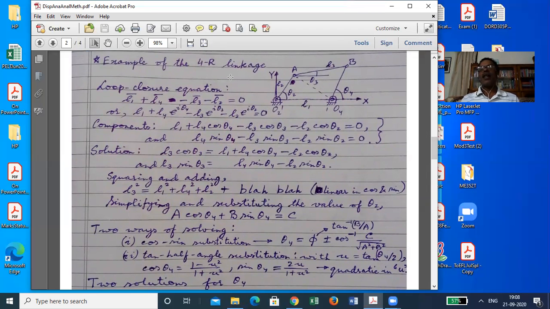So the 4-bar linkage has a single loop starting from O2, going to A, B, O4 and back to O2. That's it. So single loop, and we identify the variables on the way. This is a vector for which you will need this variable.